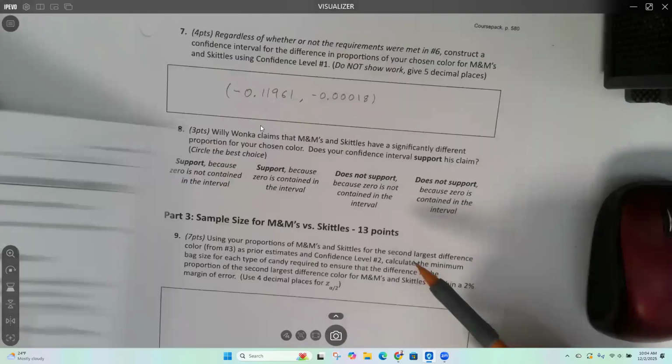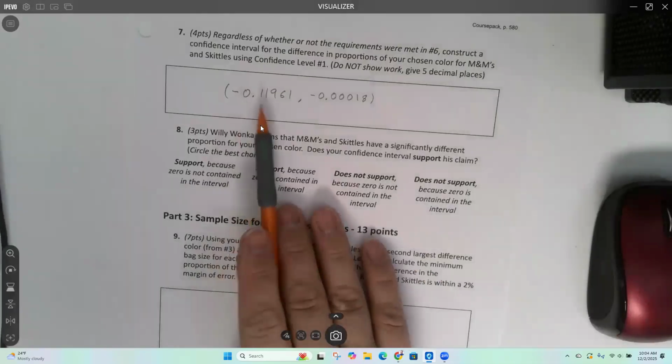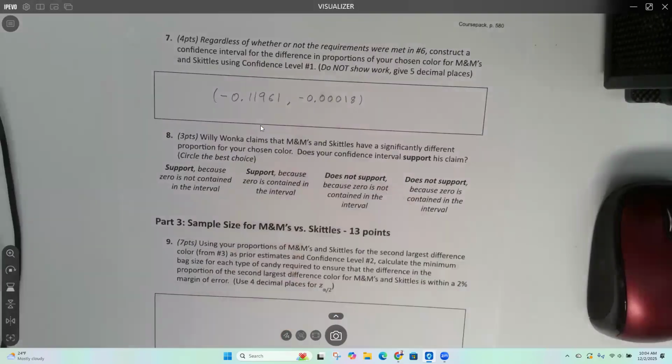Okay. And so our confidence interval would end up having a negative number here and a positive number here. And so you would say, oh, well, zero is in that range. Okay. So that means there's a chance that there's no difference. One is just as good as the other. Okay. So that's what's happening here.